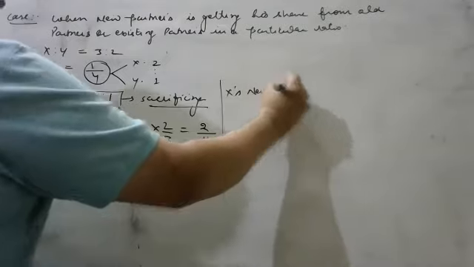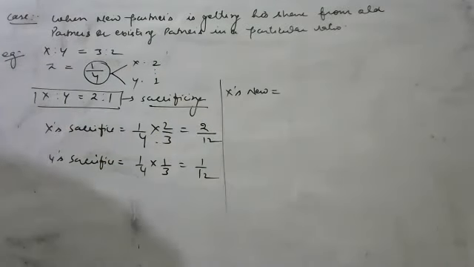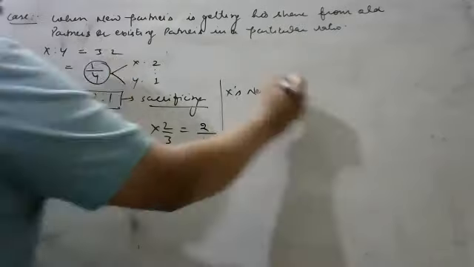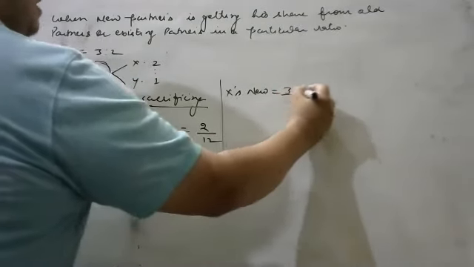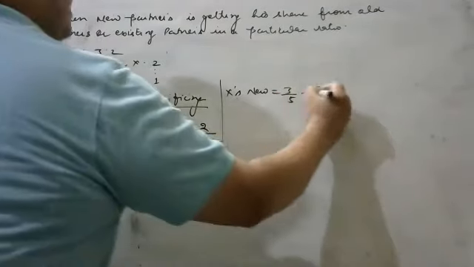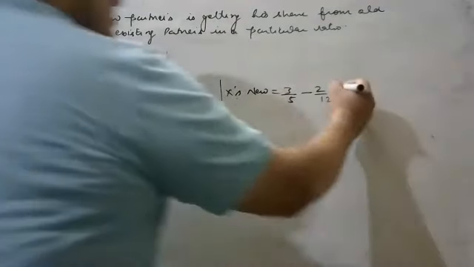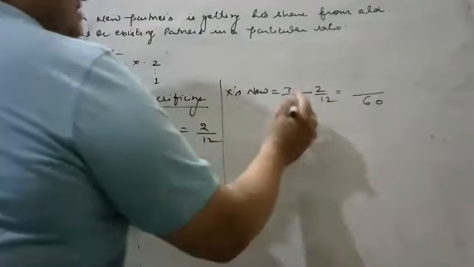Now the next thing is the new ratio of X, Y, Z. Now we will calculate this, and you know the new ratio is old ratio minus sacrificing ratio. The new ratio of X, old ratio of X is 3/5, and out of that 2/12 they have given to Z. We can consider 60 as LCM.